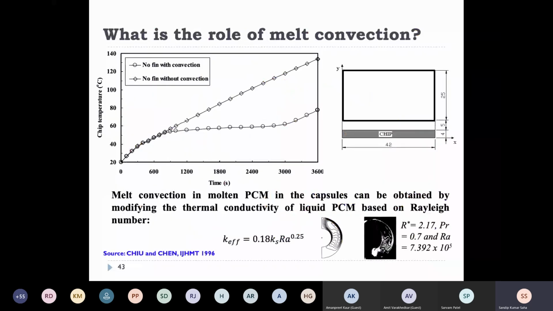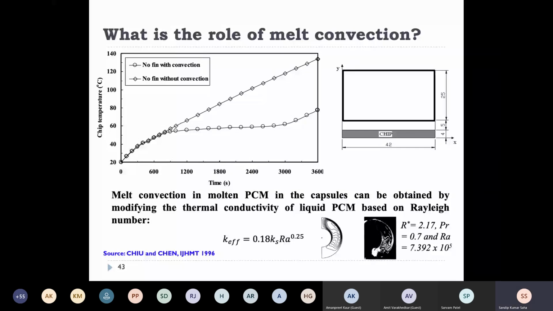Now, I told you that I have neglected melt movement in the PCM. If I want to include that melt convection in the liquid PCM, then what people have done is they have incorporated some effective thermal conductivity to take care of the effect of convection.